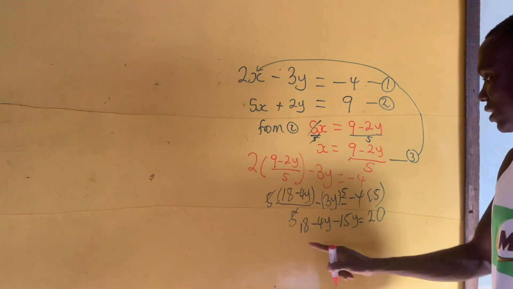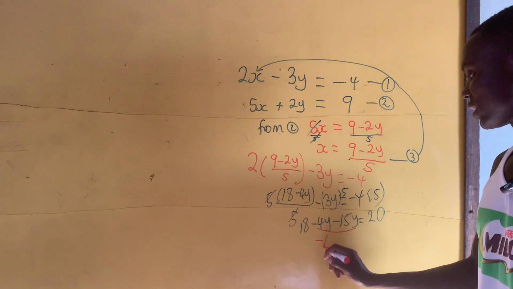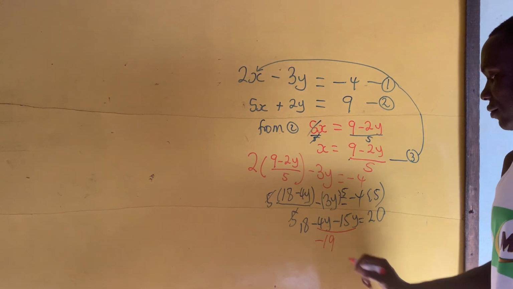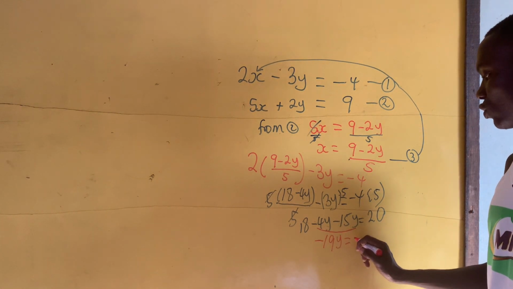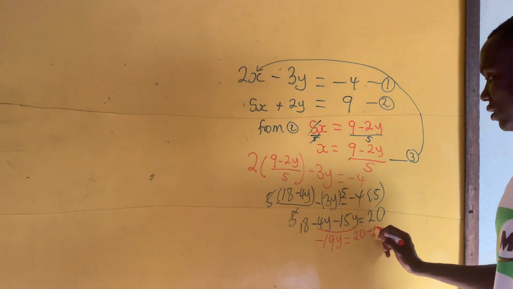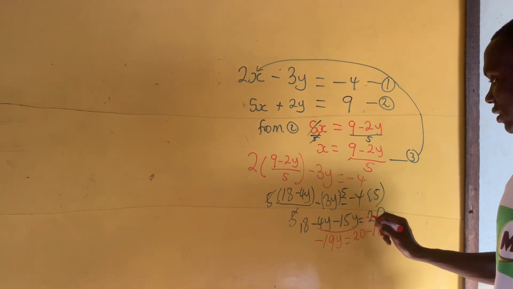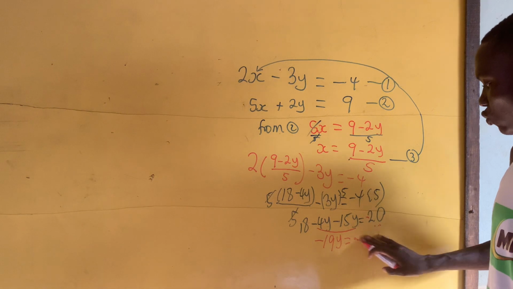So we have this to be minus 19y equal to 20 minus 18. Yeah, it's minus 20, right? Yes, it's minus 20 minus 18.